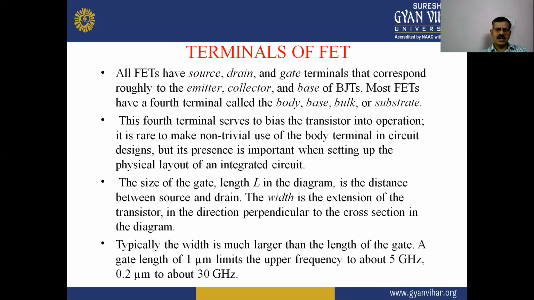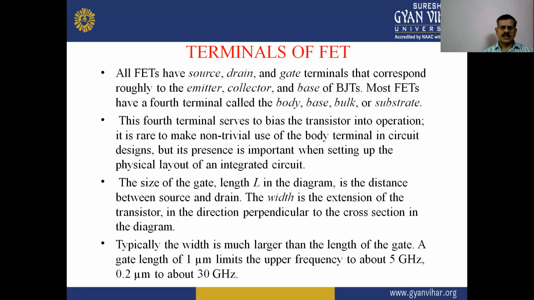This fourth terminal serves to bias the transistor into operation. It is rare to make non-trivial use of the body terminal in circuit designs, but its presence is important when setting up the physical layout of an integrated circuit.